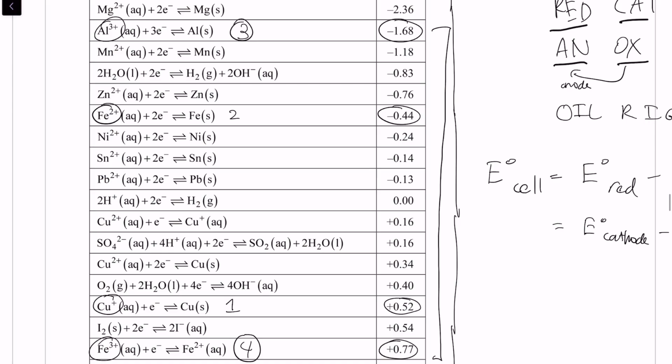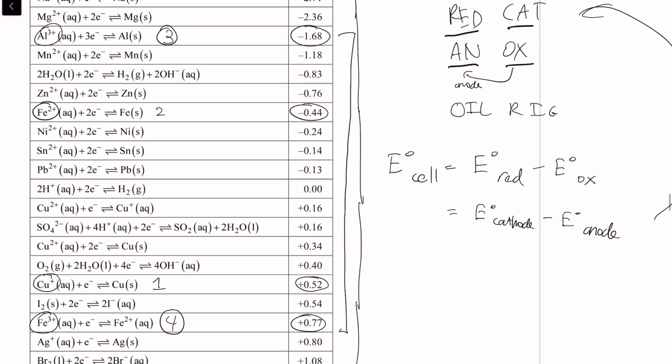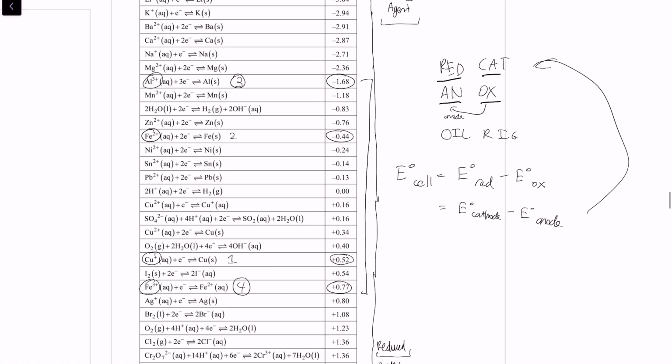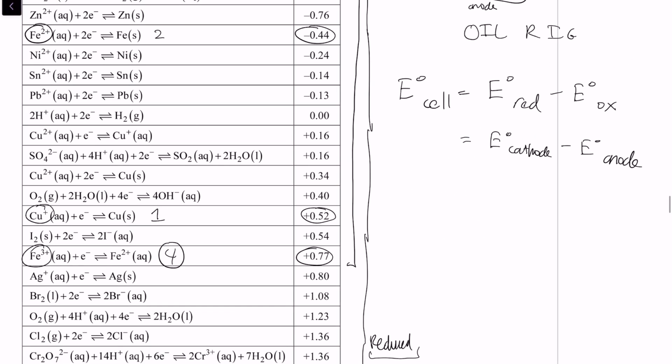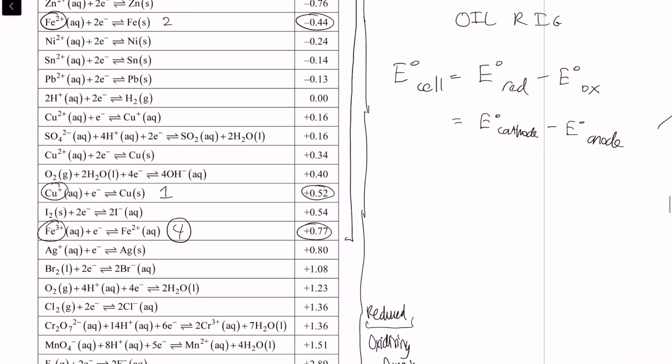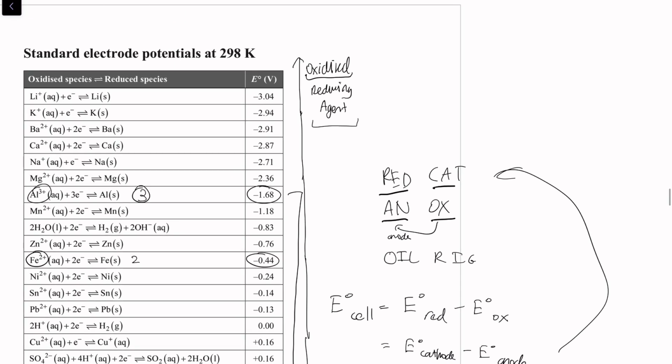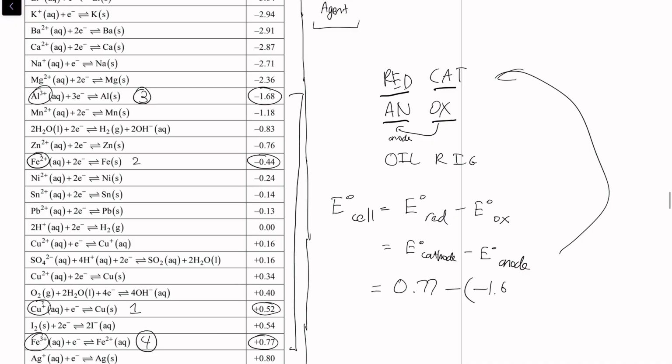If we put 3 and 4 in the pair for the voltaic cell, each of them being a half cell, we know the reduction will be the equation at the bottom of the table, the Fe3 plus to the Fe2 plus, which we know will be 0.77, minus this negative value here, negative 1.68.